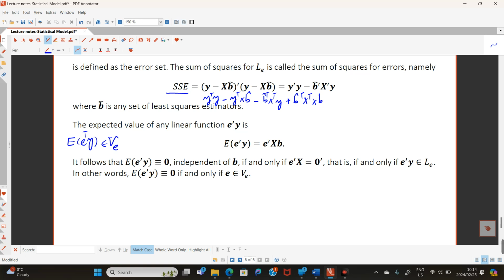It means that the expected value of a prime y is equal to 0 if and only if E is in V_E. But we already assumed that, so we got this expected value equal to 0 at the beginning.